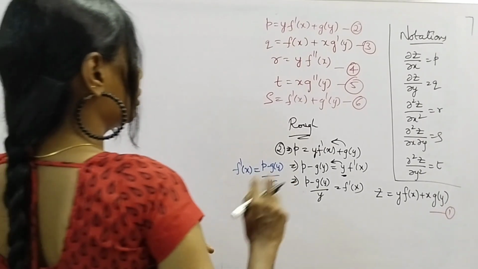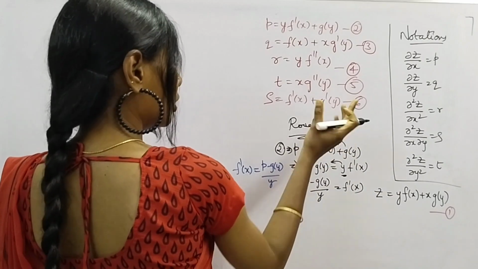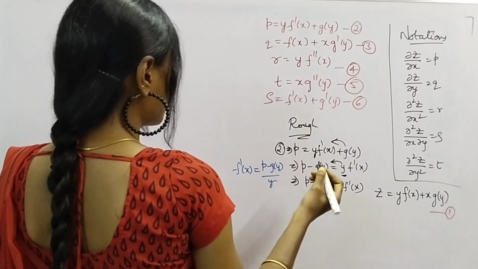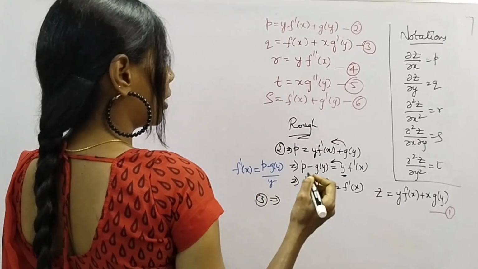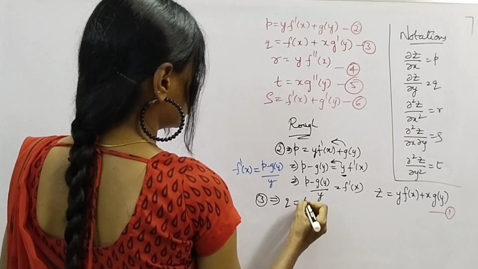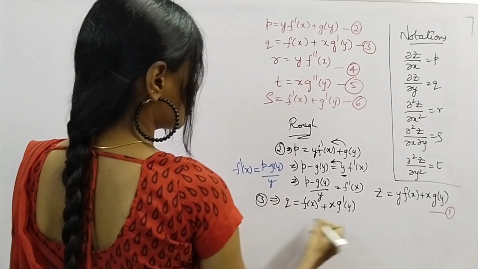Good, right? Now, what I observe in s is g dash of y. If I get a value of g dash of y, then it's good. So I'll pick equation 3 and from this try to find the value of g dash. I have equation 3: q equal to f of x plus x into g dash of y.